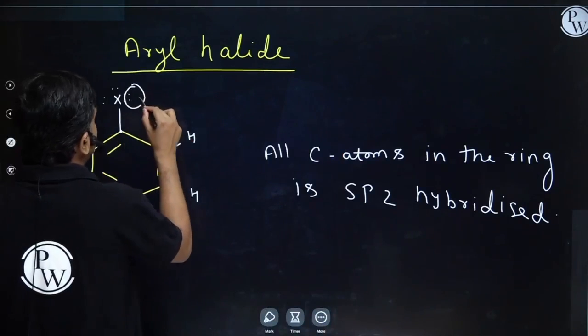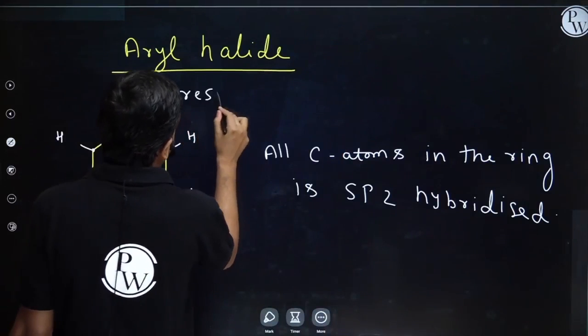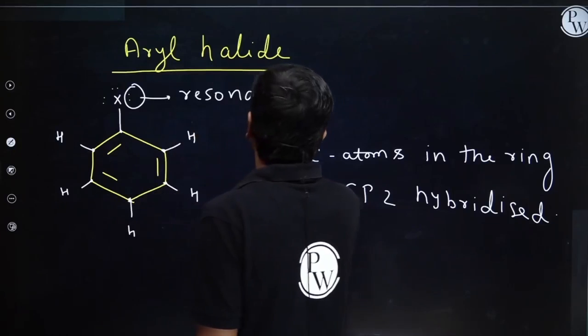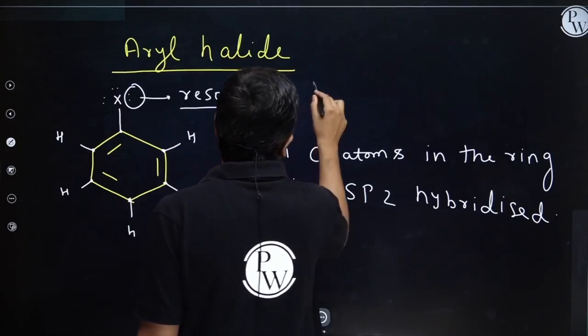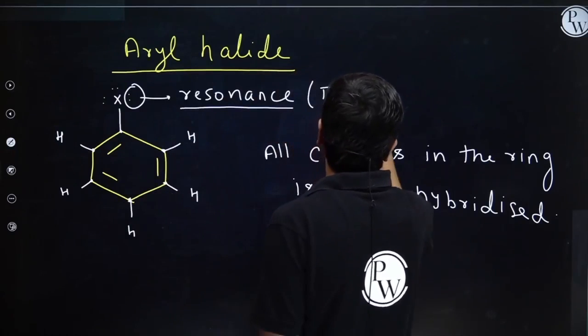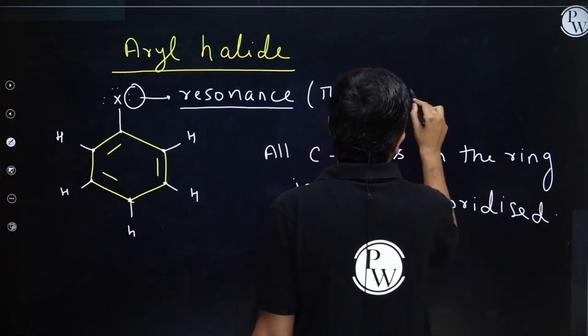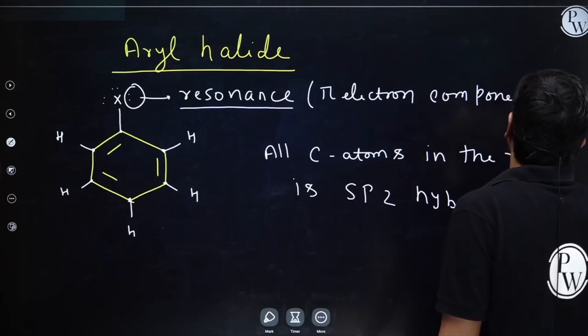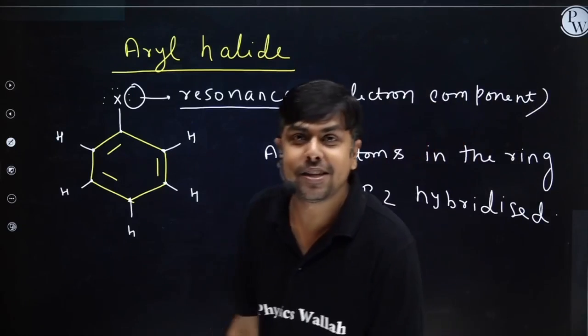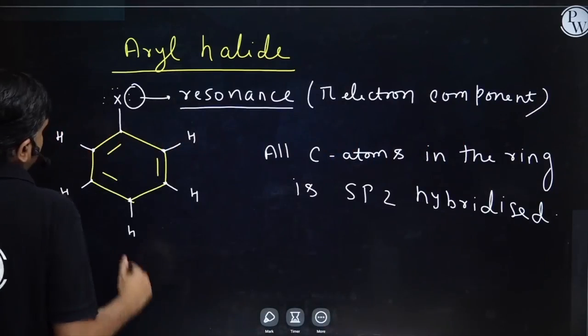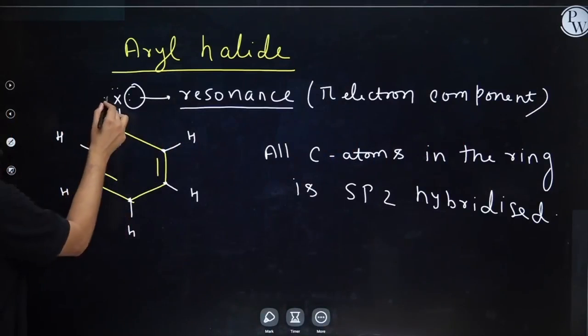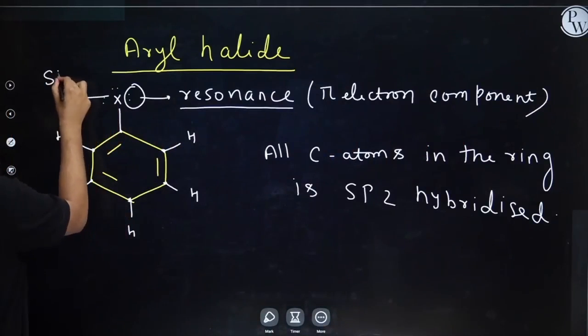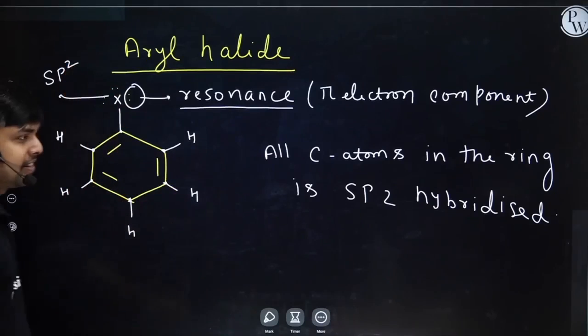So it will act as a pi electron component and won't be counted in hybridization. Am I clear, students? So this halogen is also sp2 hybridized.